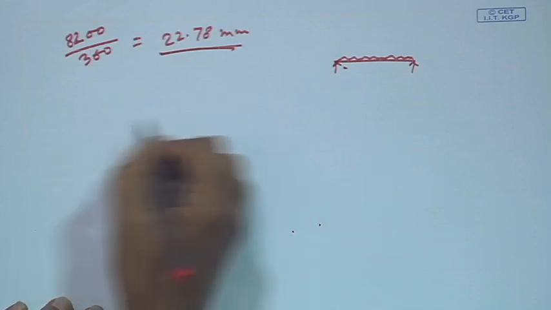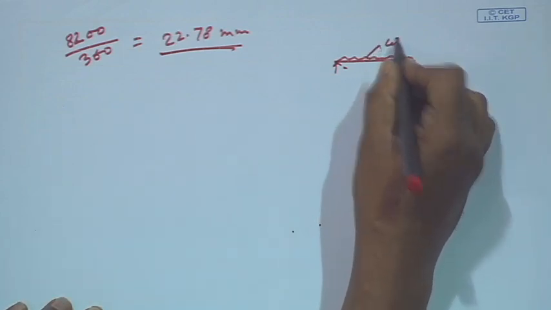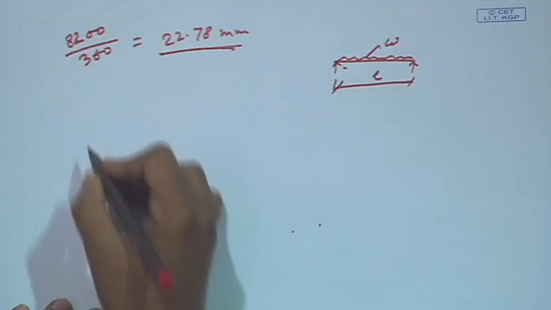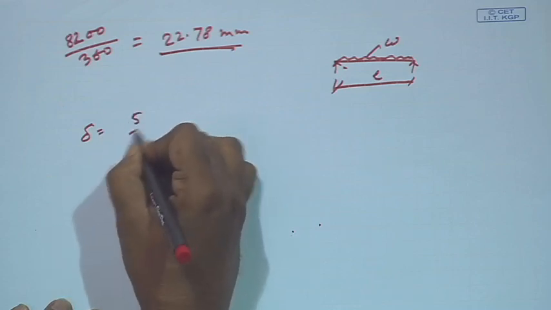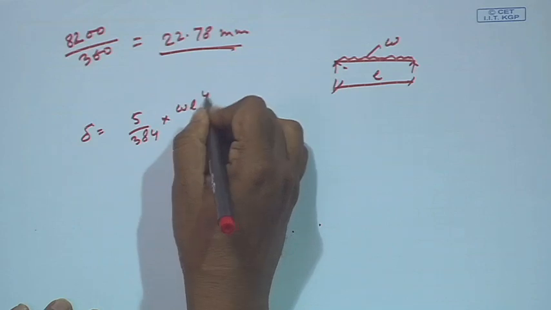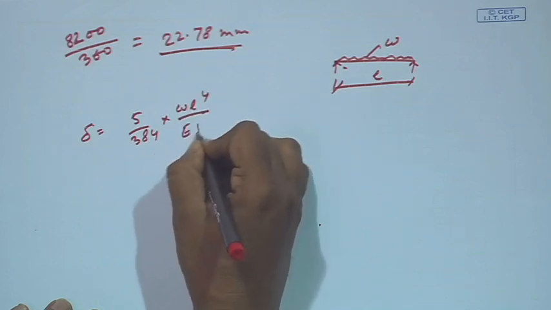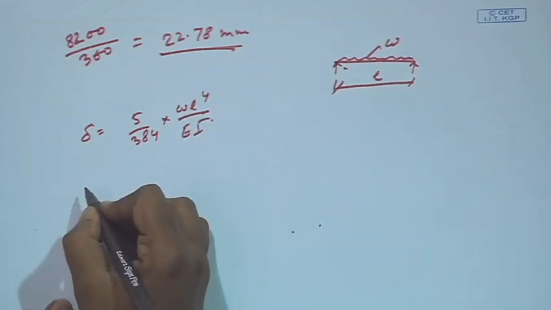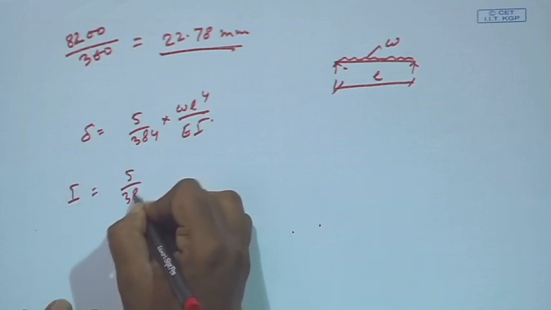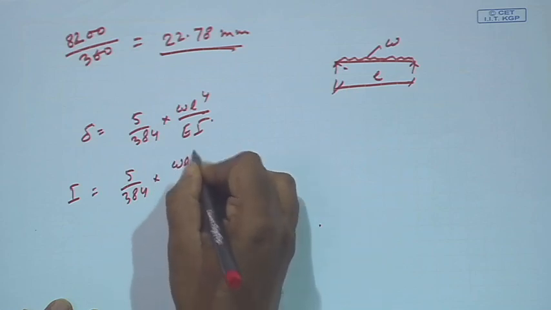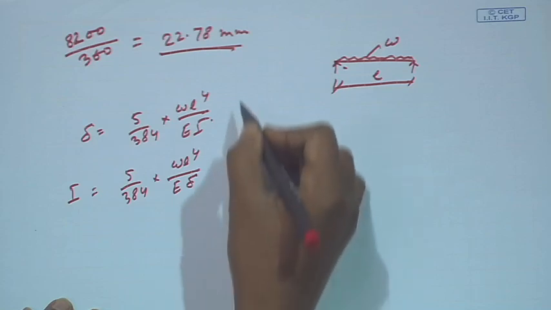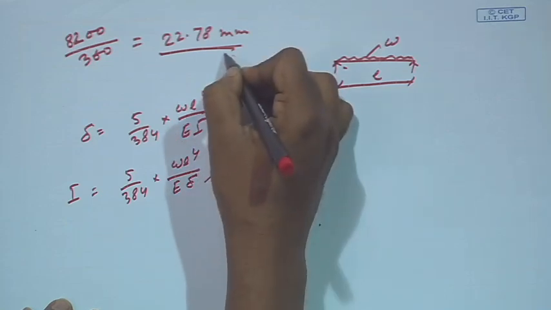Now, suppose for this case this is W and length is L, then we know delta is equal to 5 by 384 into W L to the power 4 by E I. Or I can find I is equal to 5 by 384 into W L to the power 4 by E into delta.